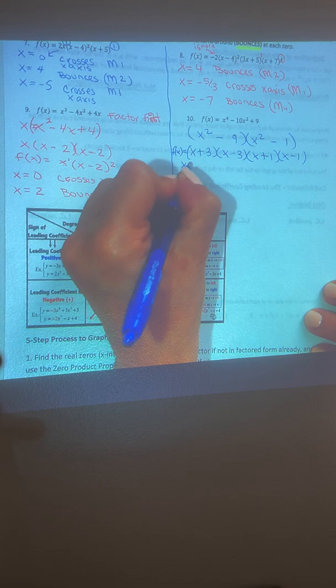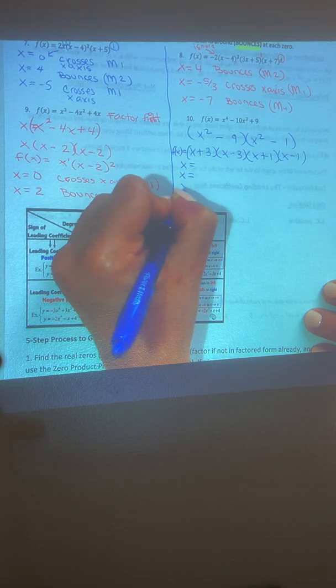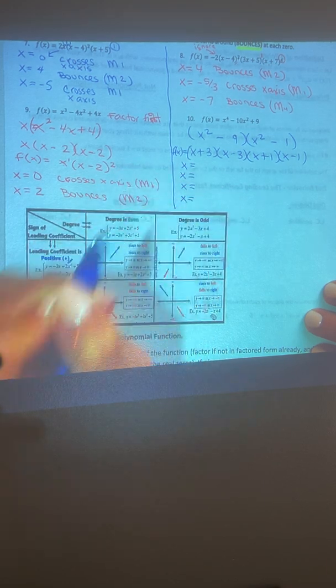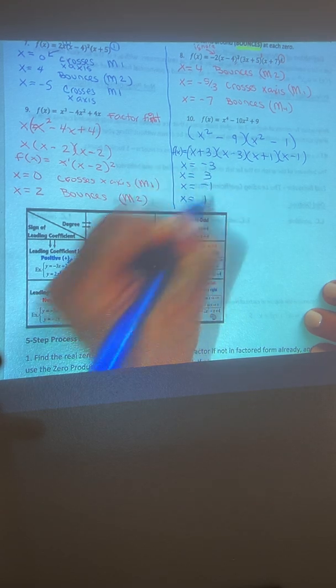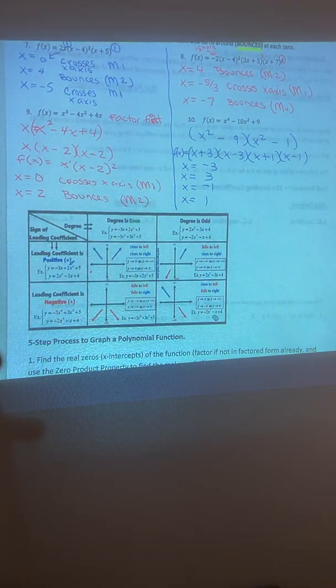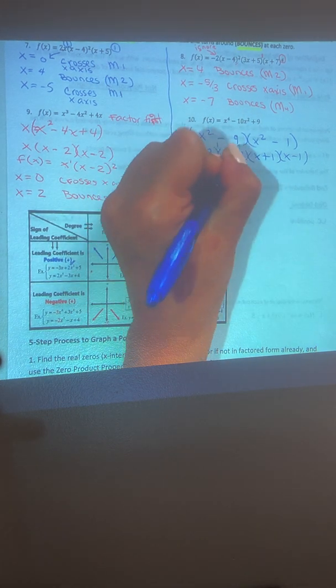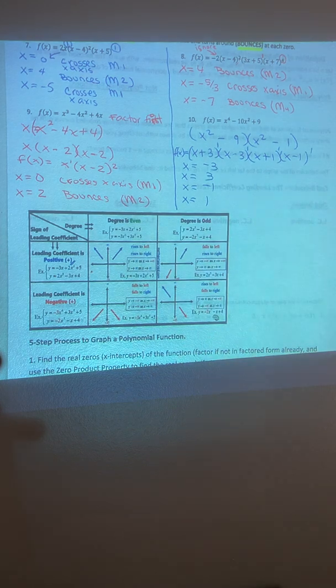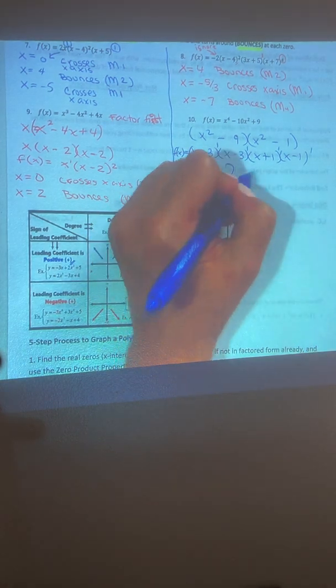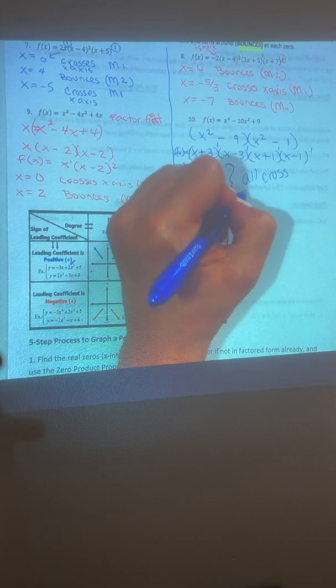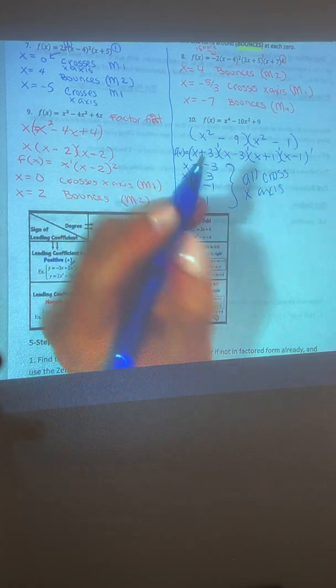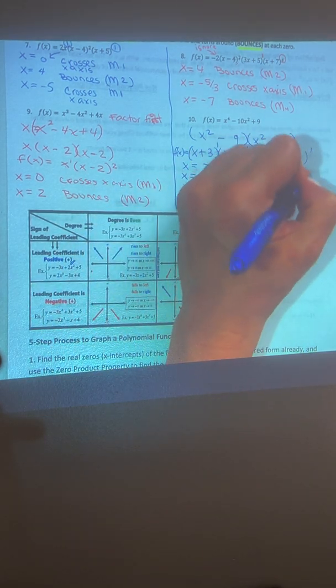All right, so I got 4 x's: negative 3, positive 3, negative 1, and positive 1. They're all multiplicities of 1, which means they all cross the x-axis, and all have multiplicity 1.